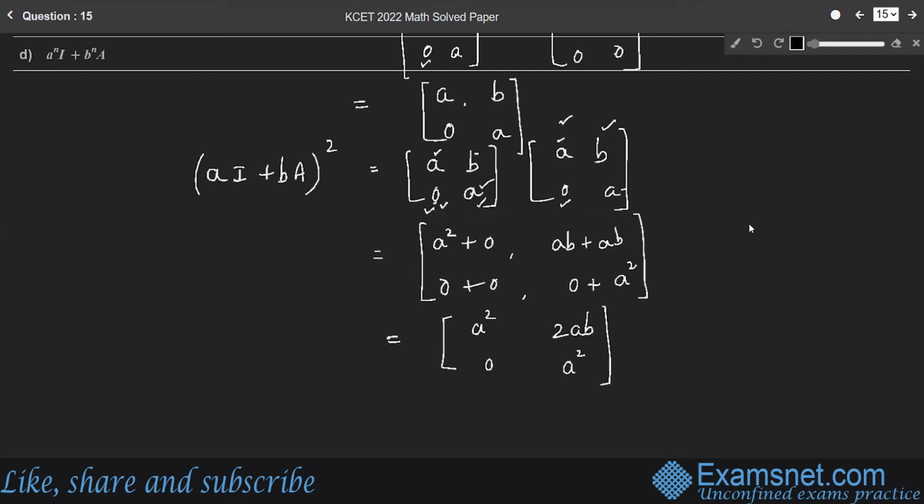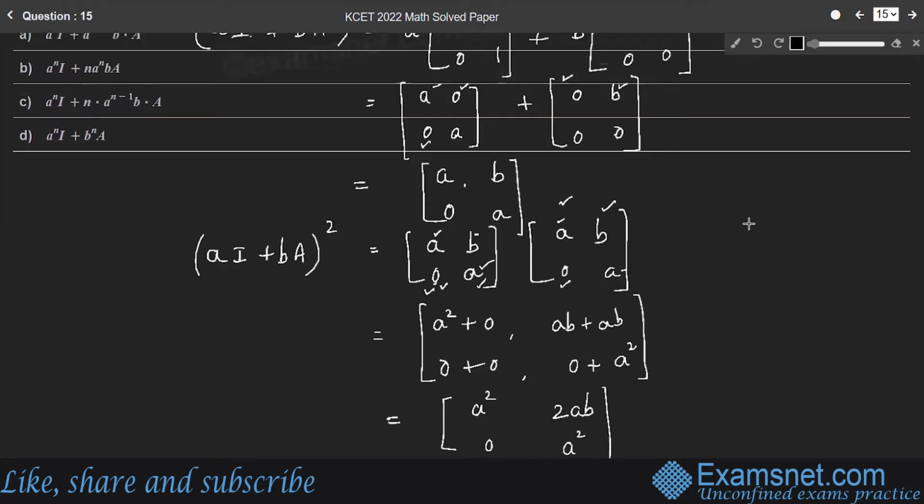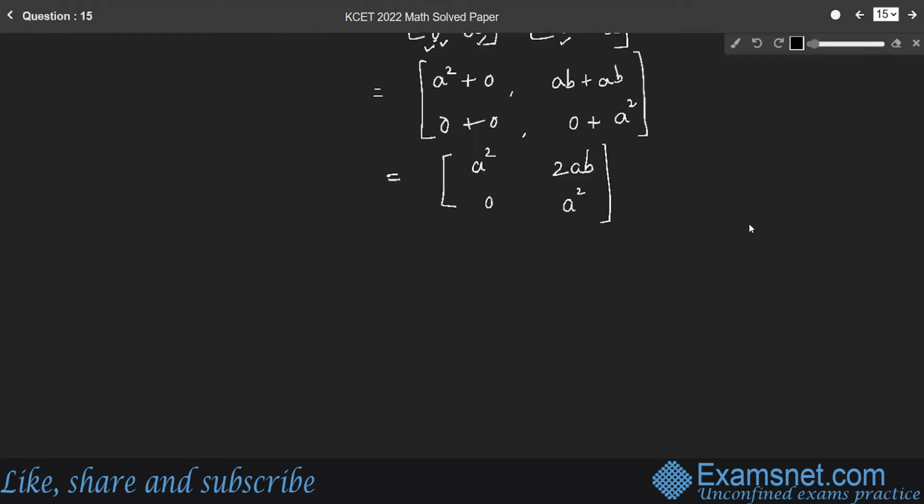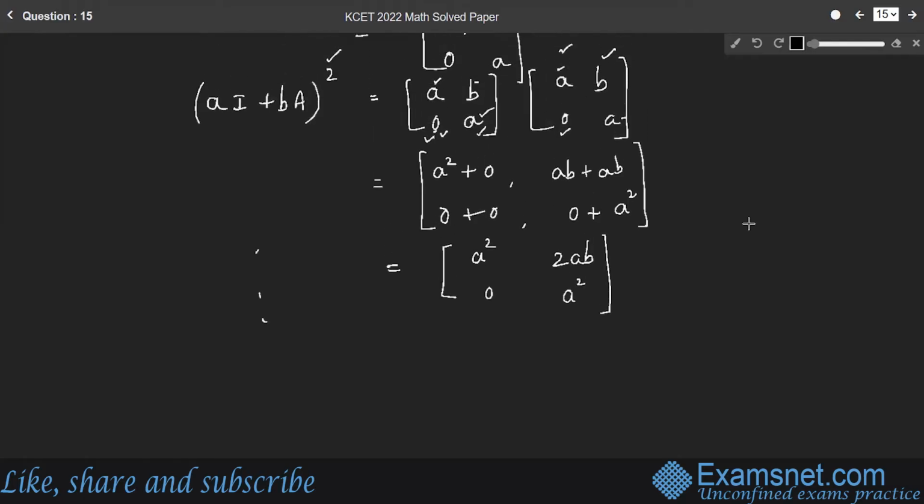When you generalize this, you can take aI plus bA raised to 3 also. So we'll generalize this: (aI plus bA) raised to n. When the power is 2, the power of the first element is also 2.